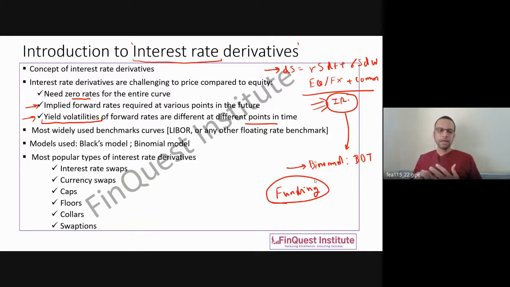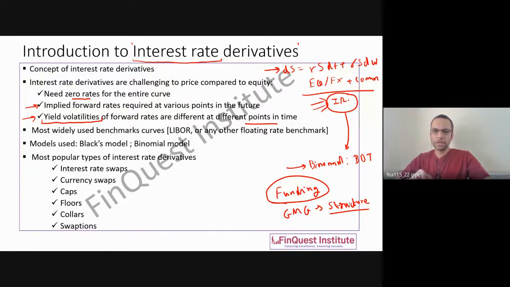Next can be, maybe a derivatives team might want to structure a new product. So maybe your front office, or what you call the GMG, may want to structure a product based on the expectations of rates, because structuring is a very important area from the front office perspective.